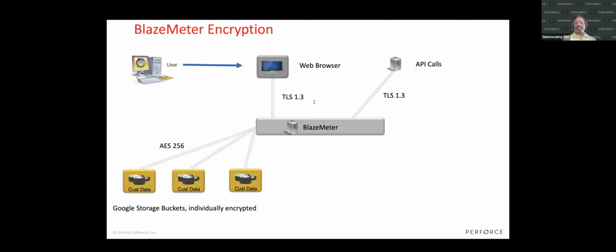Within Blazemeter, each account's customer data is encrypted individually, with its own different schema. When you disengage with Blazemeter, we will make sure the data is discarded from our side. We are using Google storage buckets, individually encrypted. And of course, all our load generators also use TLS 1.3.